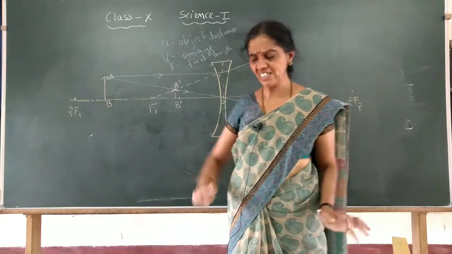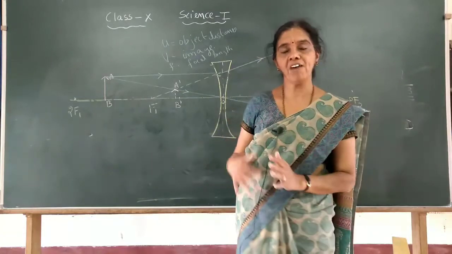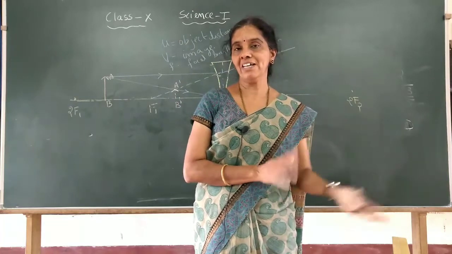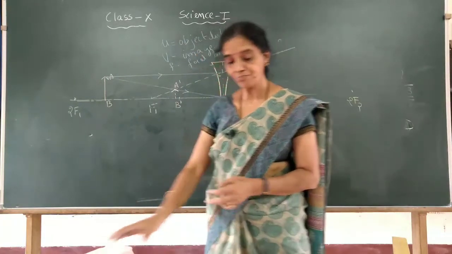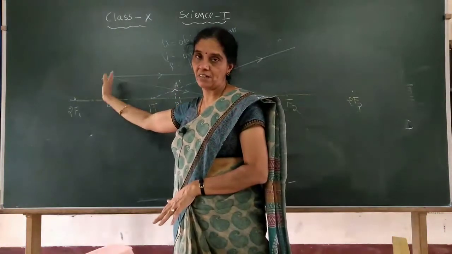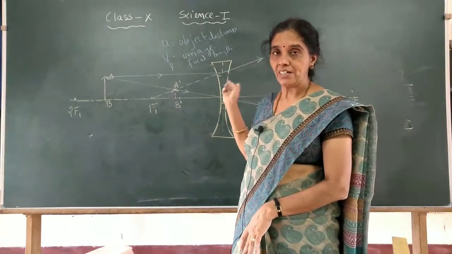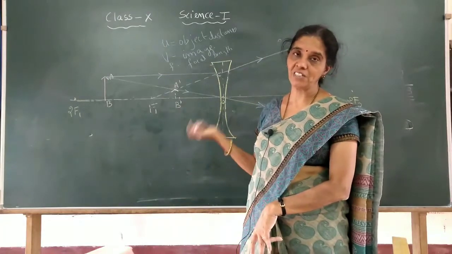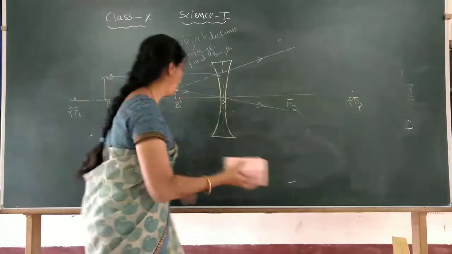But there is a slight difference in the formulas we used for the mirror and the lens, which I will tell you. So remember, the object is always kept on the left side, so it is always negative. The focal length is negative for a concave lens and positive for a convex lens. Understood?